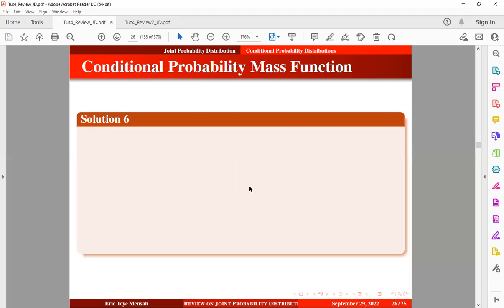So this can be expressed in this form. Based on our knowledge on conditional probability, we express it in this form. This will give us the joint PMF of X equal to 1 and Y equal to 0, and this is the marginal PMF of X.